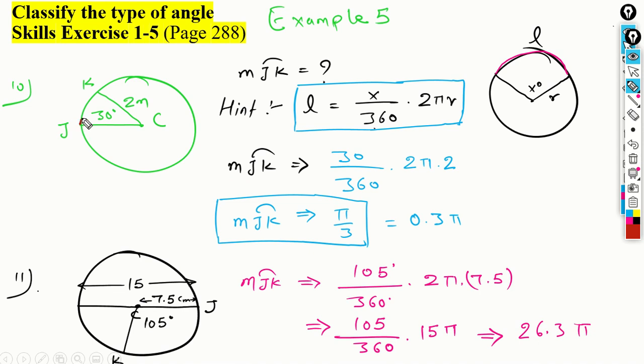So J to K, this angle is 30 degree, so x is how much? 30, divide 360 multiply 2 pi r. R is how much? 2. So you solve this, you will get pi by 3, and you can get, by solving it, 0.3 pi. If it asks you in numbers, you can multiply 0.3 with 3.14, you will get your answer.